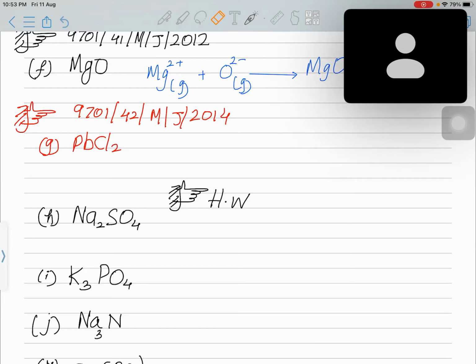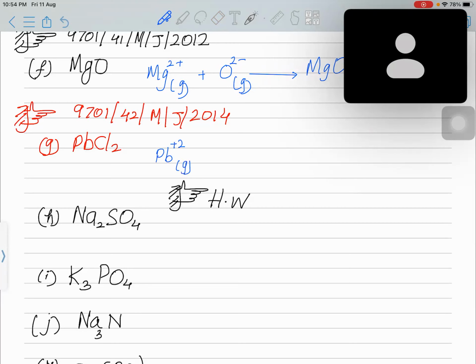Don't worry, listen. Whenever you have gaseous cation and gaseous anion and they combine, an ionic solid is formed. Energy is released. This energy is called lattice energy. Can you repeat? When gaseous cations and anions combine to form ionic solids, energy is released. Now look at this example: lead has a positive 2 charge.